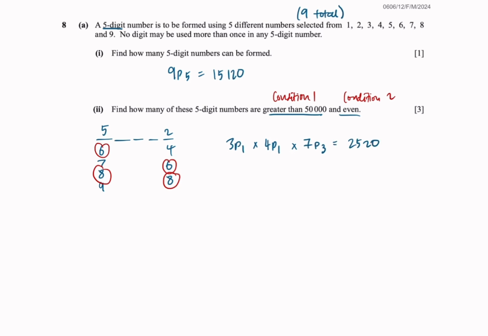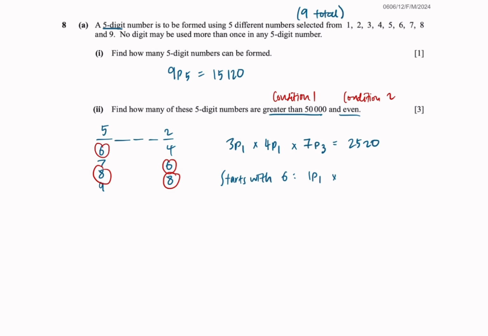Okay, now we look at the numbers that do repeat. So let's start with 6. For 6, it will just be 1P1 for the first place, because it has to start with 6. And then for the last place of the number, we can think that it's 2, 4, or 8.